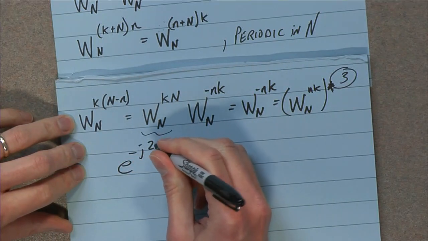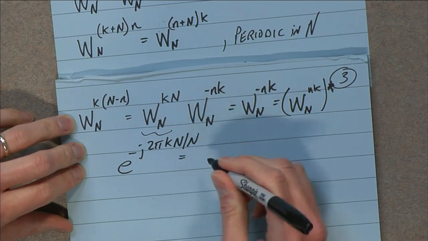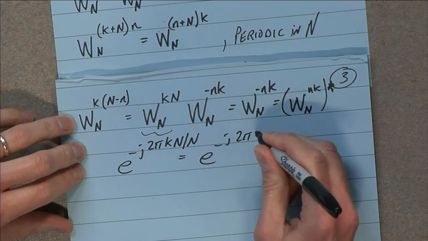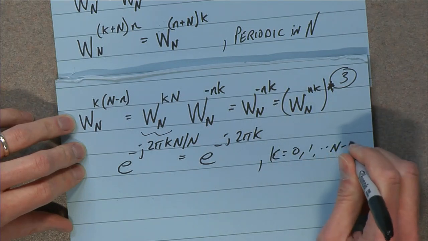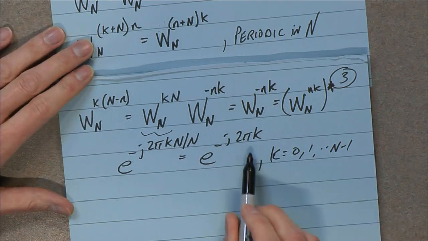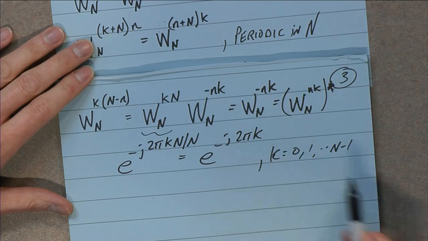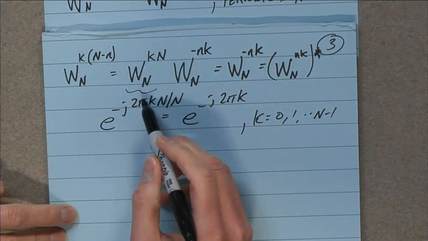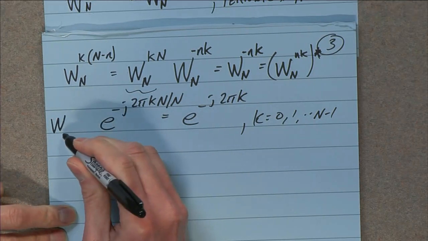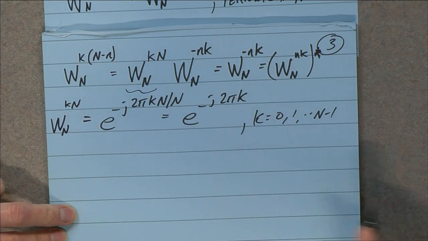It's e to the minus j 2 pi k capital N over N, so that should be e to the minus j 2 pi k, and k is an integer from 0 to N minus 1. I'm asserting that whatever you take k to, this is just an integer multiple of e to the minus j 2 pi. It's just flipping around the unit circle over and over again, k times. So that's why it's just a fancy way to write 1.